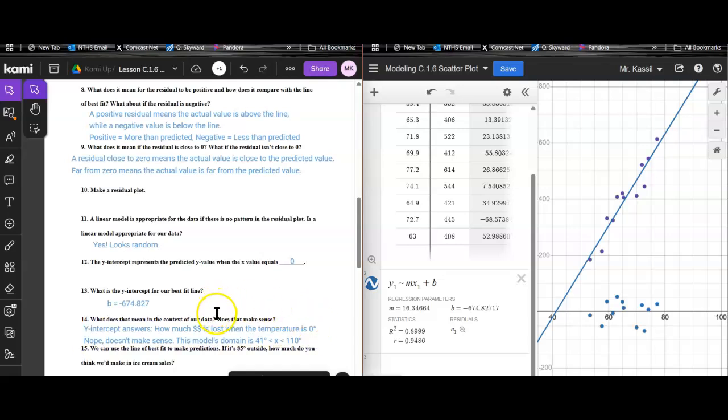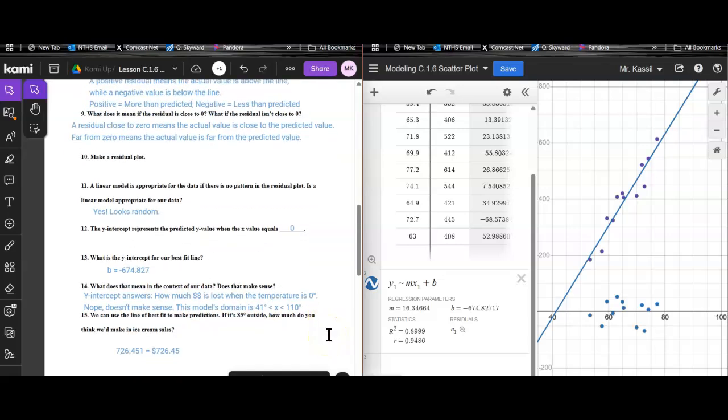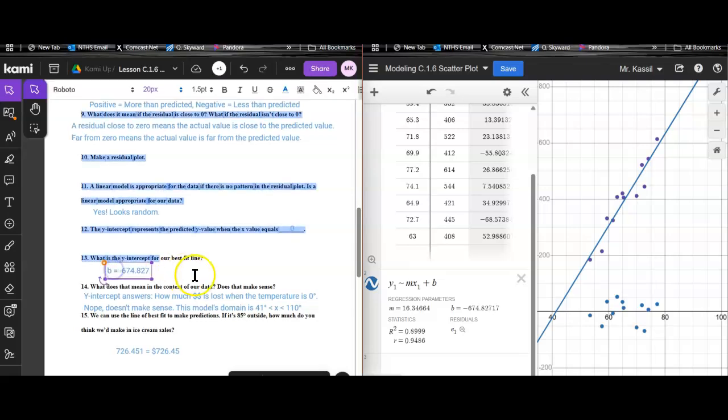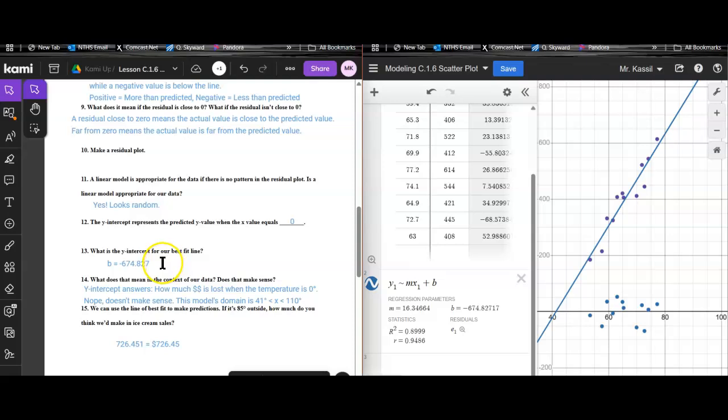But does it make sense in the cost of our data? And the answer is that since the y value is how much money we lose, if the temperature is 0, then no, not really. It doesn't make sense that we're going to lose $674 if we go to sell ice cream when it's 0 degrees. Unless we have like the cost of our truck or the cost of our business costing us $674 a day, this does not make sense.